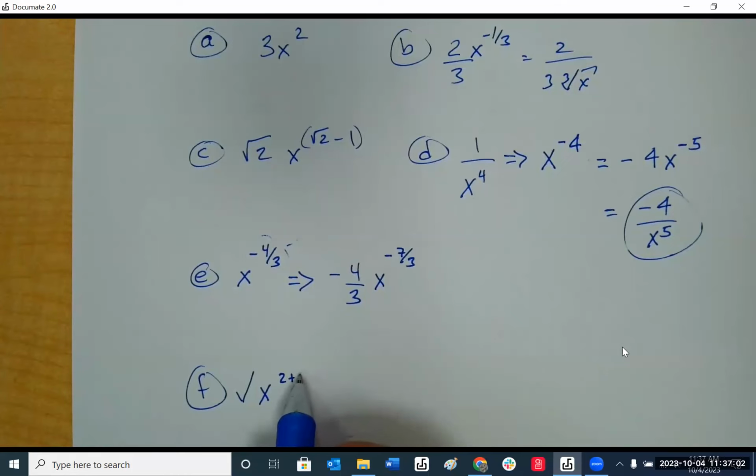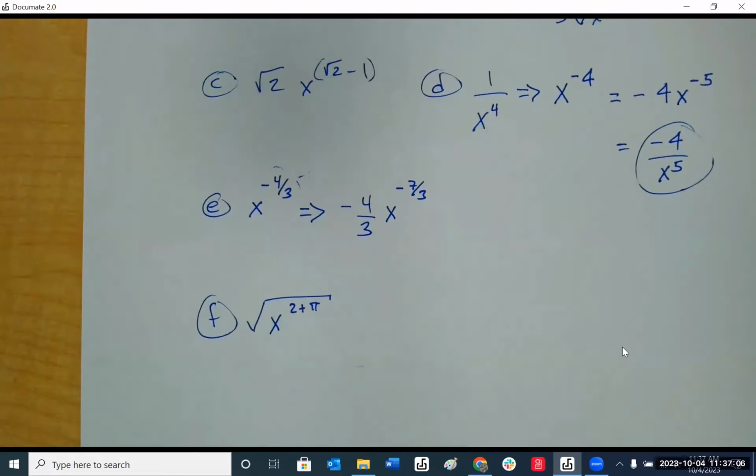X to the power 2 plus pi in the radical. So how are you going to do this one? Do you know any rule about square roots?